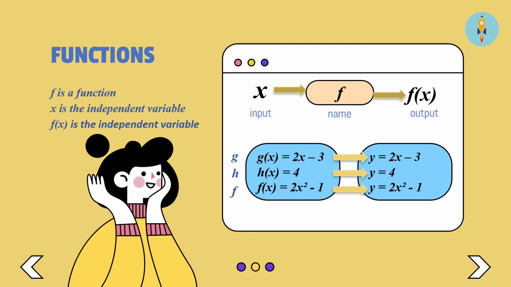For example, number 1 is read as g of x is equal to 2x minus 3. Second, h of x is equal to 4/3. Third, f of x is equal to 2x squared minus 1. How these functions are written is called the function notation.